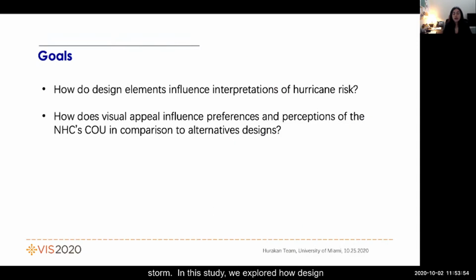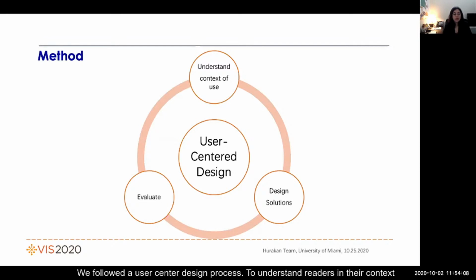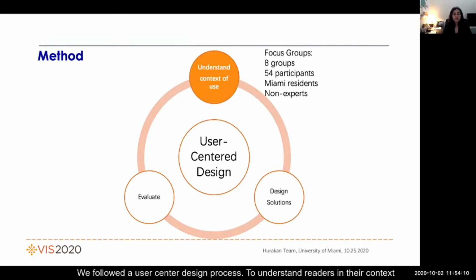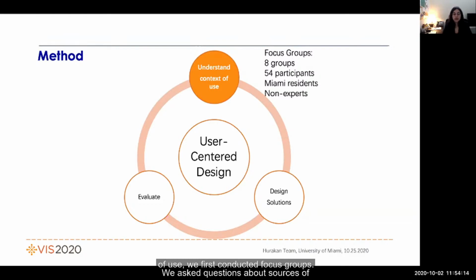In this study, we explored how design elements influence interpretations of hurricane risk by comparing non-expert responses to the NHC cone of uncertainty against two new forecast graphic prototypes. We followed a user-centered design process. To understand readers and their context of use, we first conducted focus groups.